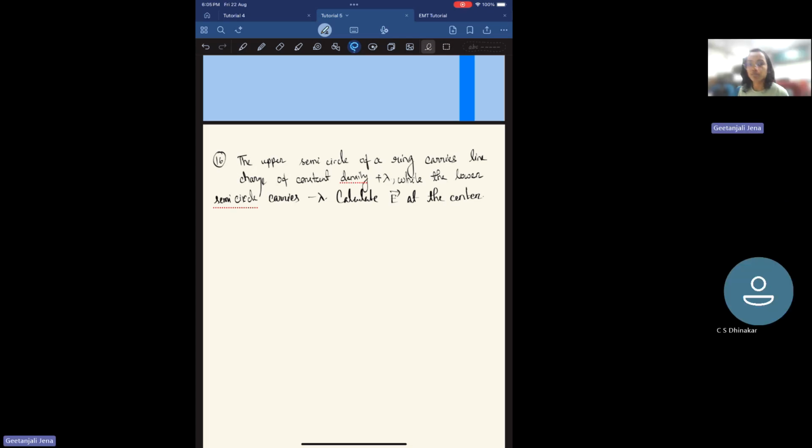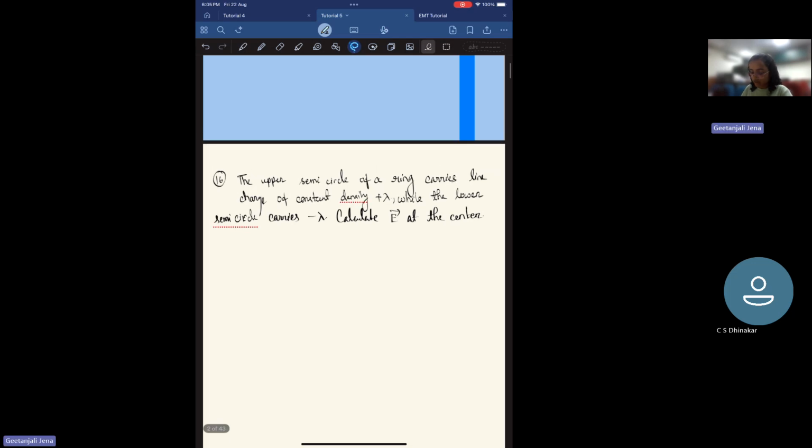So this is one of the problems that we haven't solved in the last live session. Let us solve it first, then we'll see problems related to week 5. This problem is to find the electric field at the center of a circular ring.